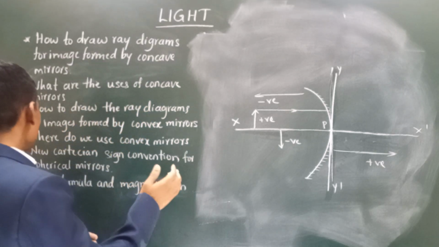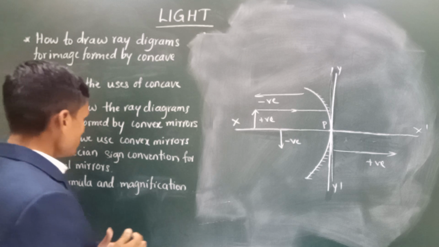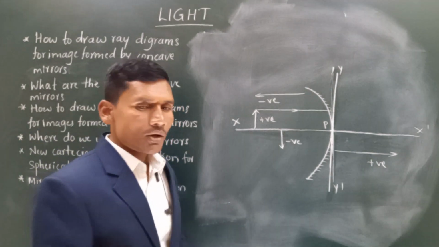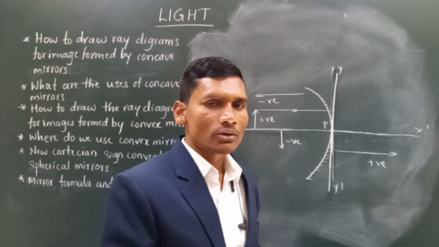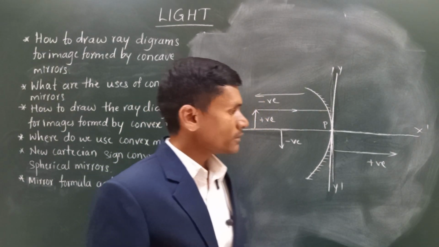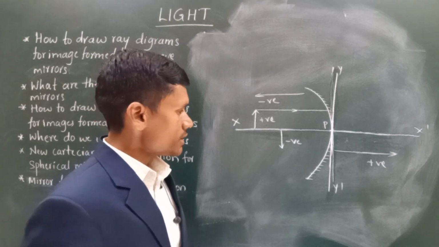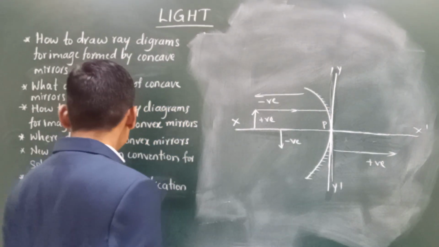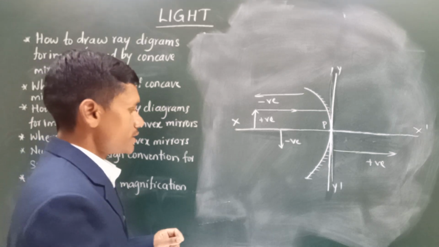Then we are going to learn the mirror formula and magnification, because these come up while calculating the sums based on spherical mirrors, whether convex or concave. There we are using these sign conventions. Now coming to the mirror formula and magnification.